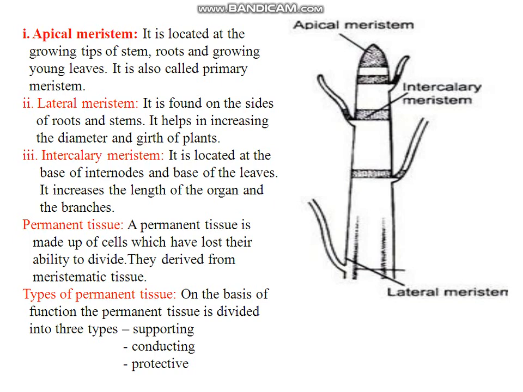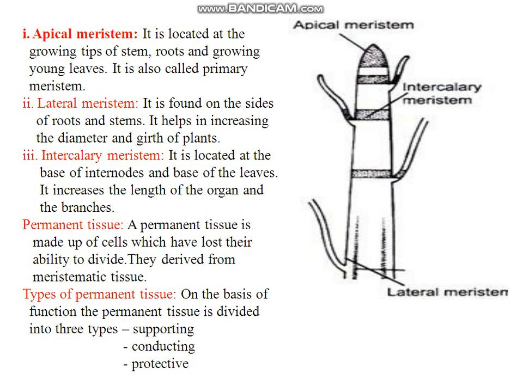So it is found on the sides of roots and stems, and lateral meristem helps the plant to increase its diameter. It helps in increasing the diameter and girth of plants.